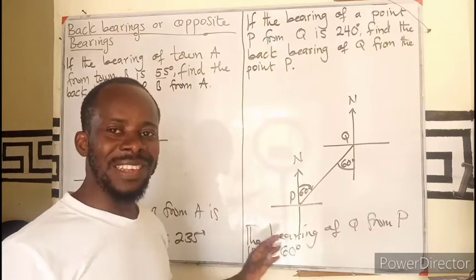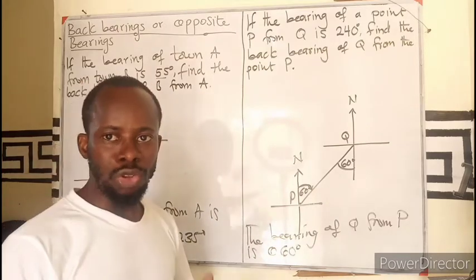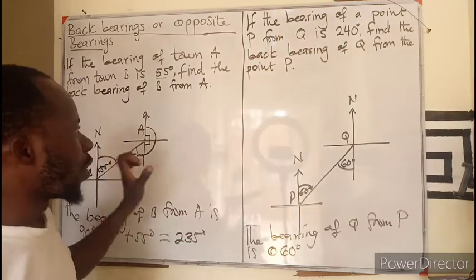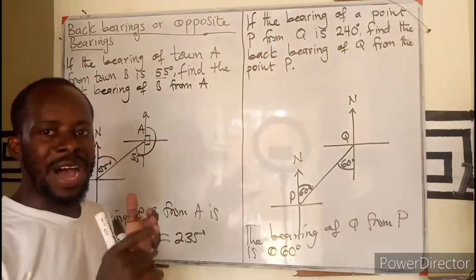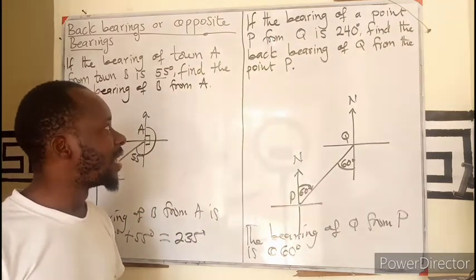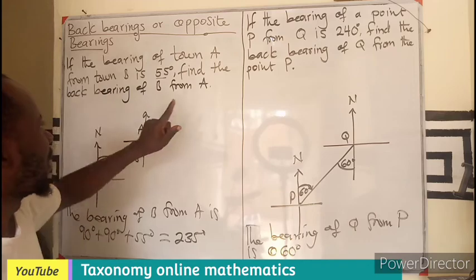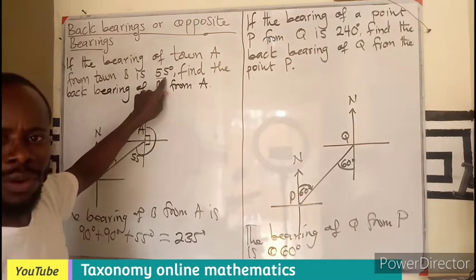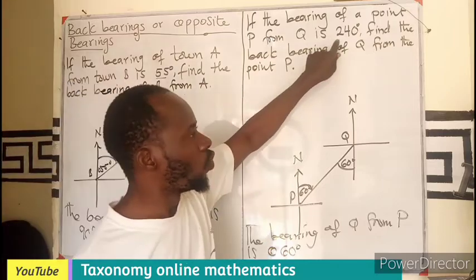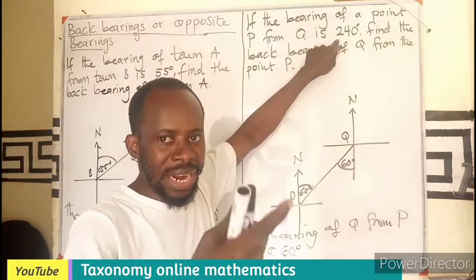All right, so this is the diagrammatic approach to these two questions. Now, we also have a formula whereby if the question is given to you, you don't want to draw, you can also get the answer. So if the bearing, as I'm seeing here, 55 is less than 180, 240 is more than 180.